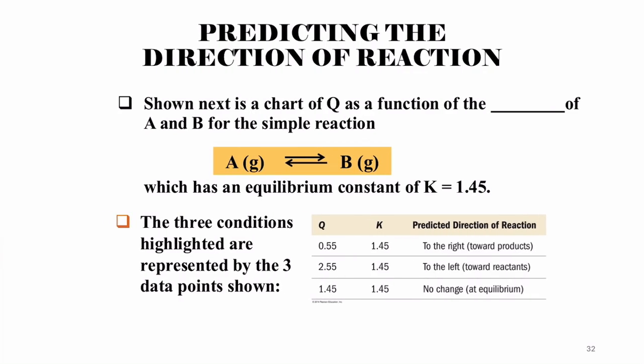And so we have a chart here where we have different initial concentrations that give us different ratios. So that gives us different values of Q. So it's a function of the initial concentrations of A or B in a mixture, and we compare them to the equilibrium constant.